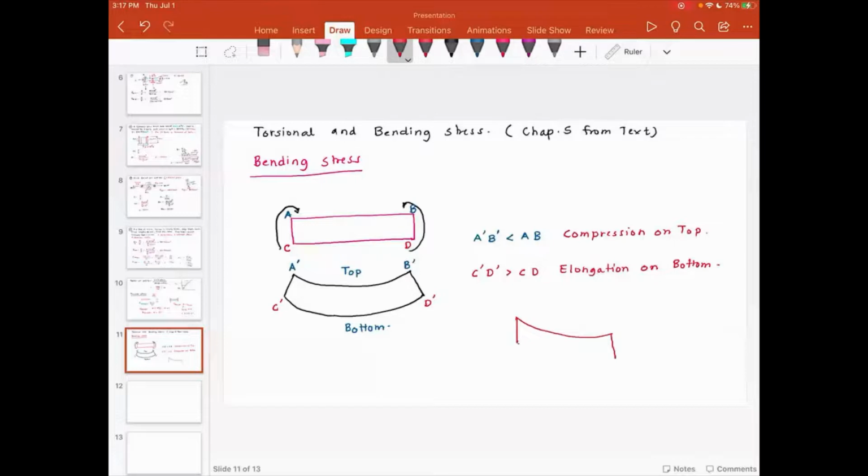So this is the same beam, but in three dimensions. Now this is the top, and this is the bottom.